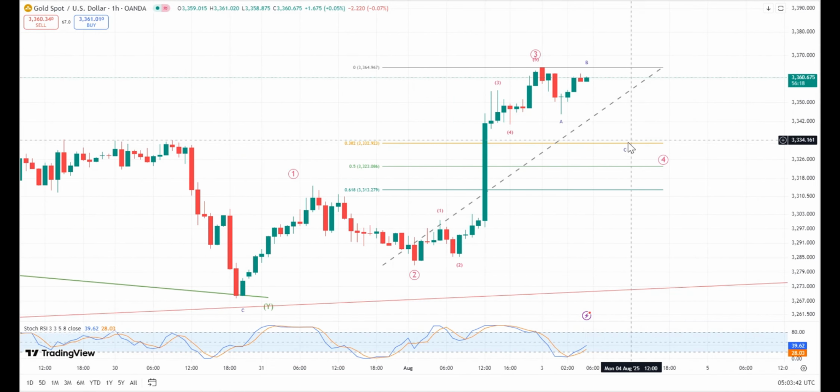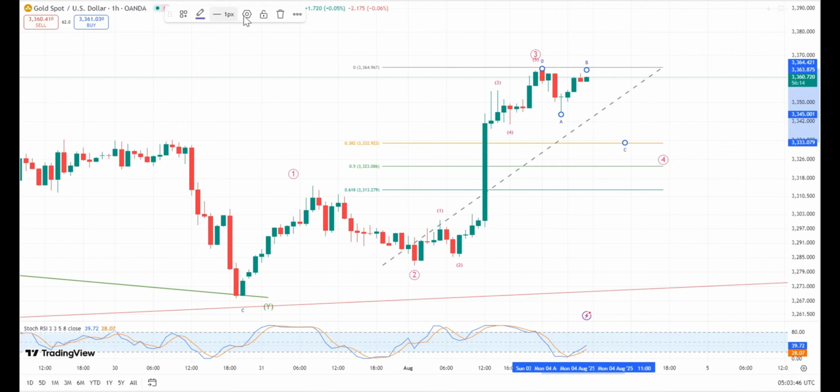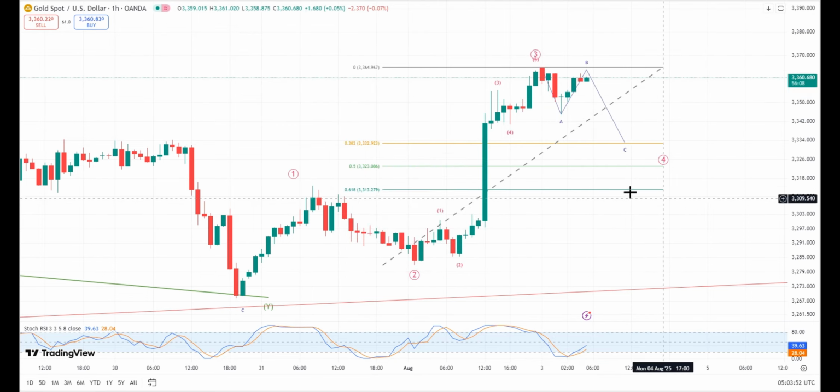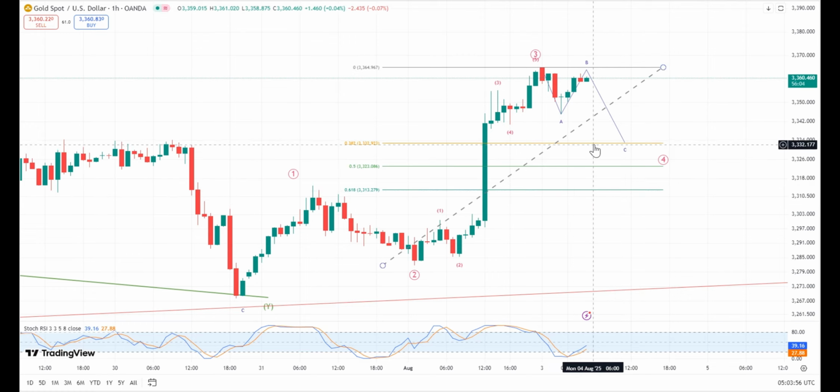So once we get to this zone, the zone of 33, 32.